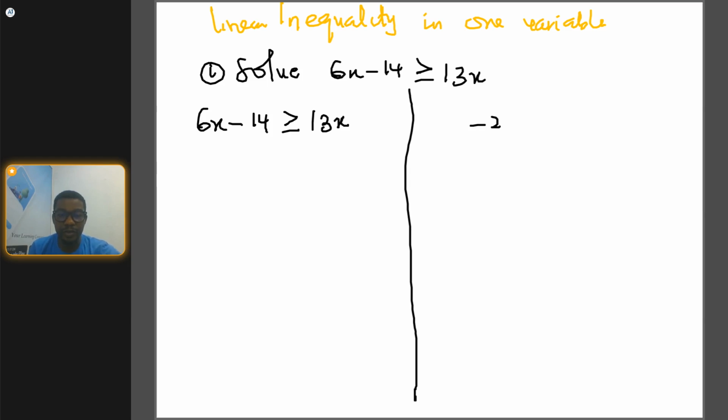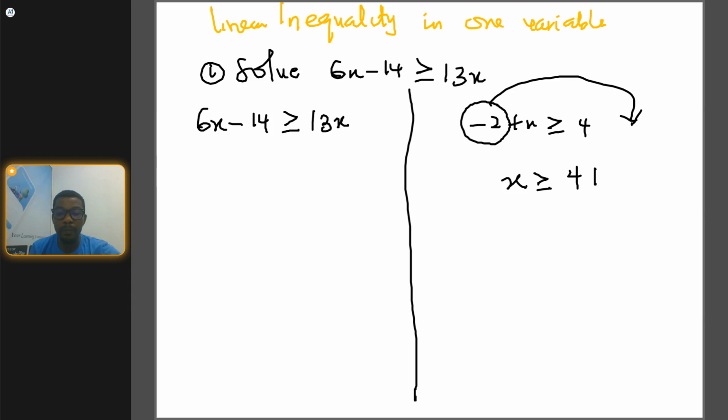If I have minus 2 plus x is greater than, let me say 4, if this minus 2 is crossing the sign, I'm going to have x is greater than 4 plus 2, applicable to what we do in an algebraic equation, okay? When 2 crosses the inequality sign, the sign of 2 also will change from negative to positive and from positive to negative. I believe that is clear.